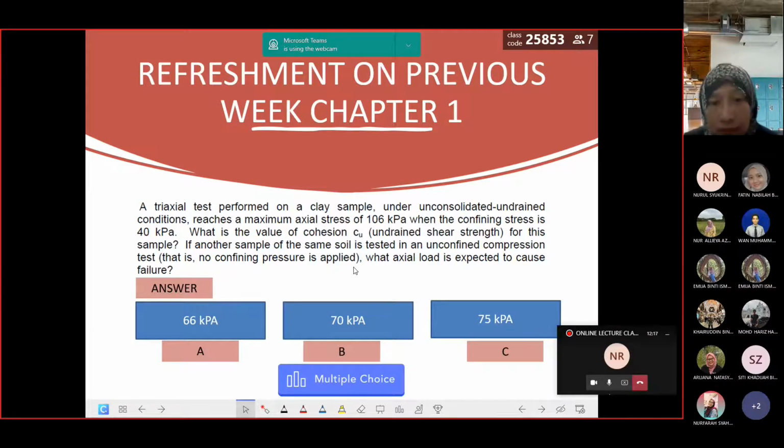So what's related to our next topic ataupun next content in this week lecture is a similar thing, is that you relate the axial stress, confining stress, just to turn all those stresses in a different graphical view, such as here is we call stress point coordinates.